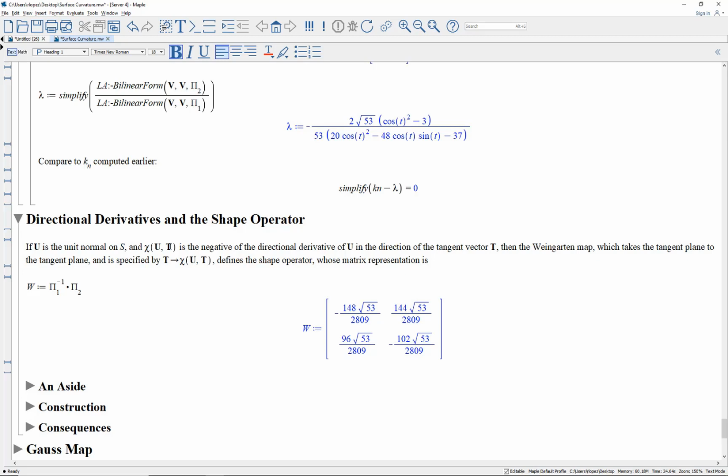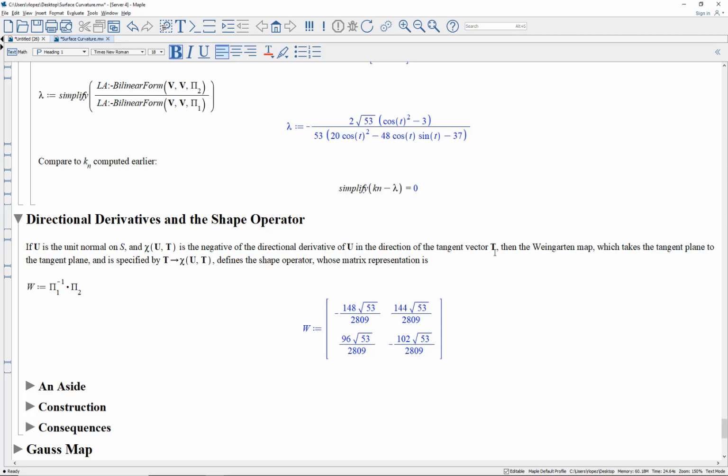Chi, depending on that unit normal and a tangent in the tangent plane, is the negative of the directional derivative of U in the direction of the tangent vector t. So that takes a vector in the tangent plane to another vector in the tangent plane, because that's what the directional derivative of U will give you.